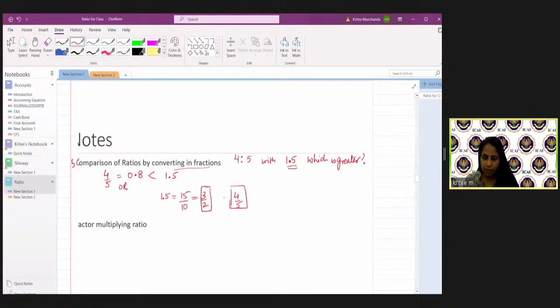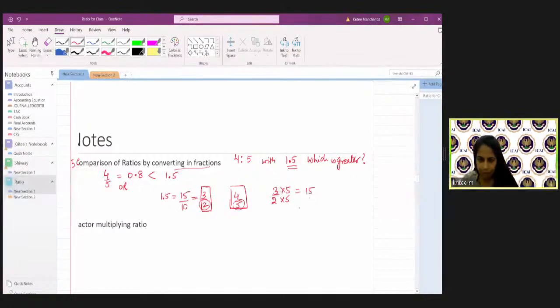Again, how will I do the comparison? Because I have different denominators, it is not a simple task to compare these two ratios. So what should I do? Here comes the role of LCM. Make the denominators the same and then compare the numbers. As in, 3/2 can be multiplied with 5.